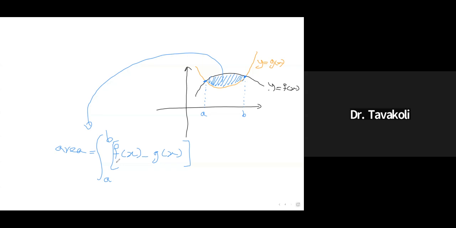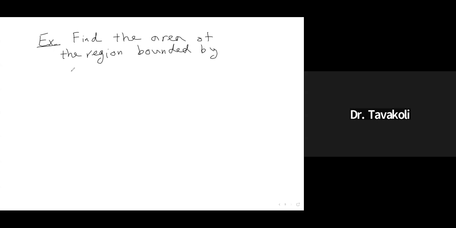To clarify this, let me give an example. Find the area of the region bounded by these two functions, y equals x squared and y equals 4x.